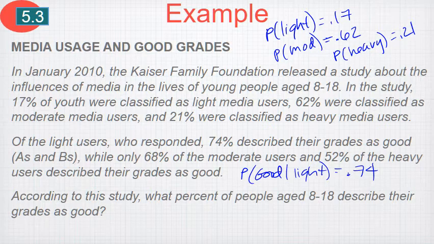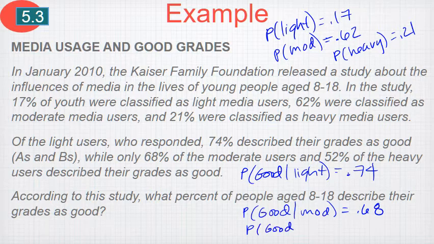And then we go on to, while 68% of the moderate users and 52% of the heavy users describe their grade as good. So then we have the probability of good given that they were moderate, 0.68. The probability of good given that they were heavy users, and that was 0.52.